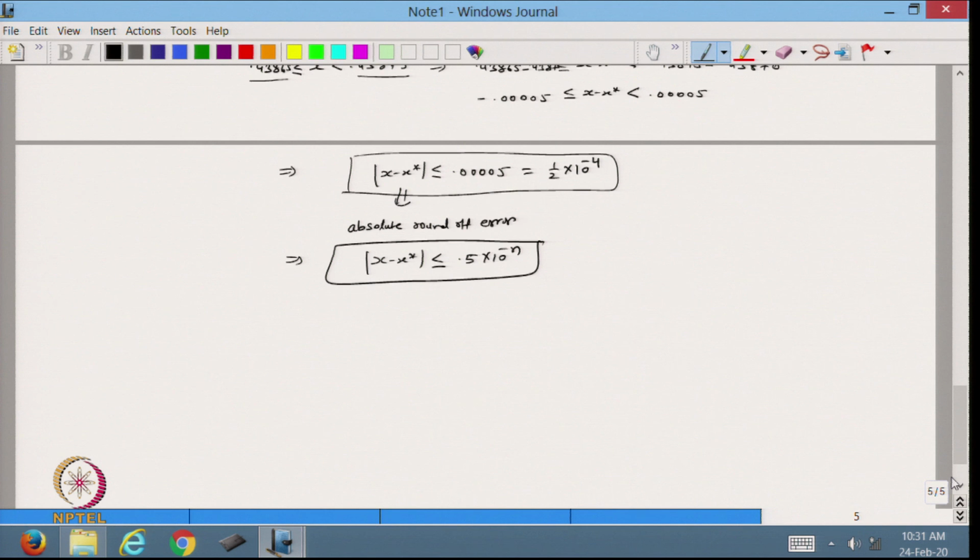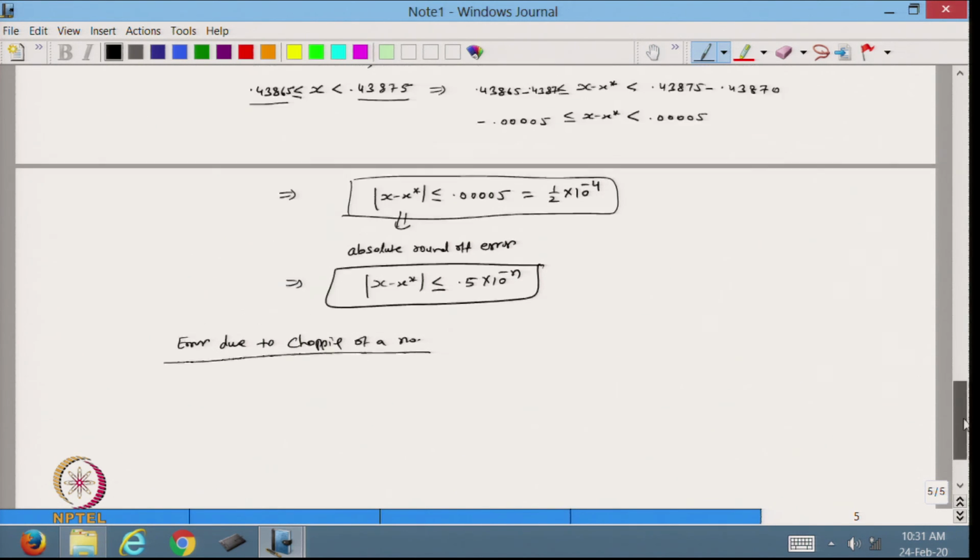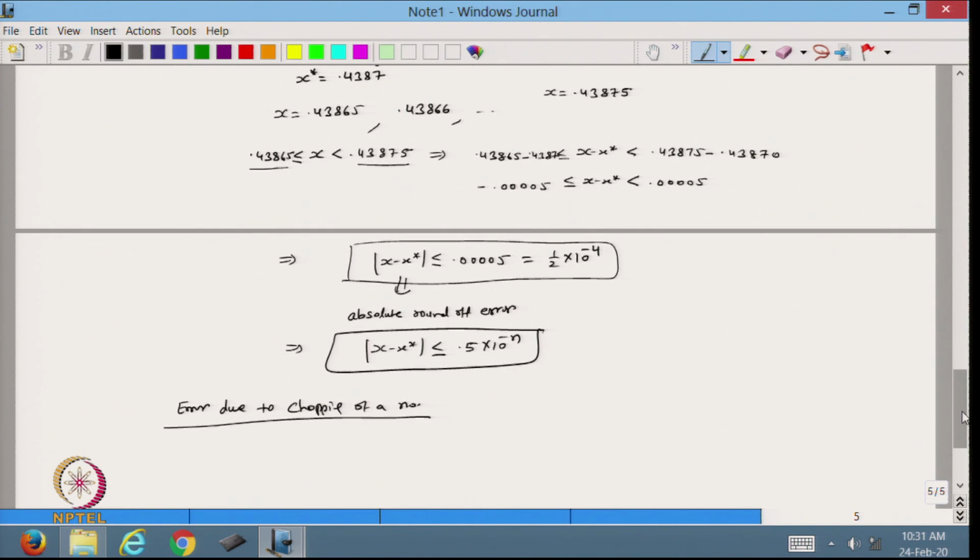Now, what about the error due to chopping of a number? In the chopping of the number, we are not rounding.